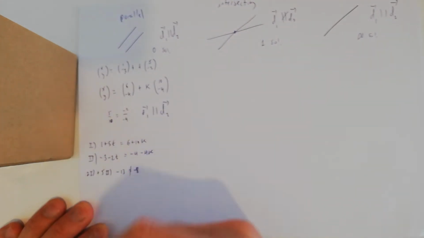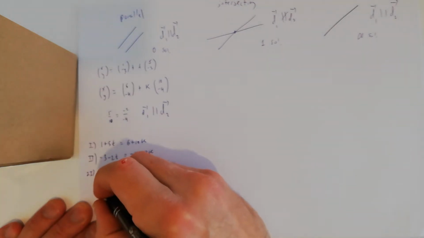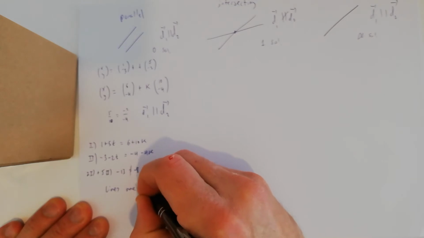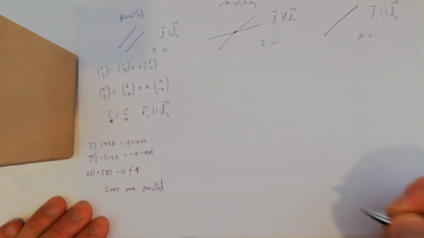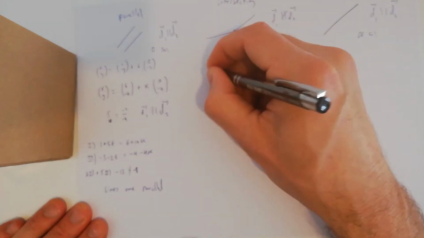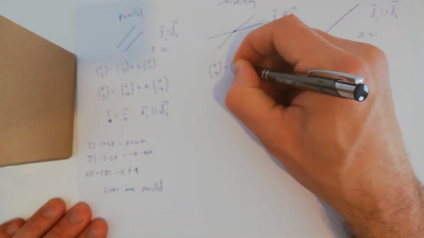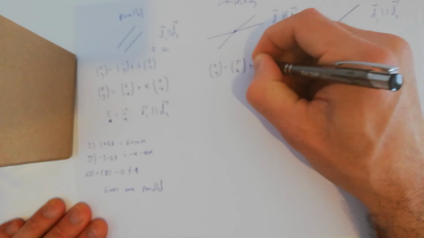Therefore, since the system has no solution, we can conclude that the lines are parallel.